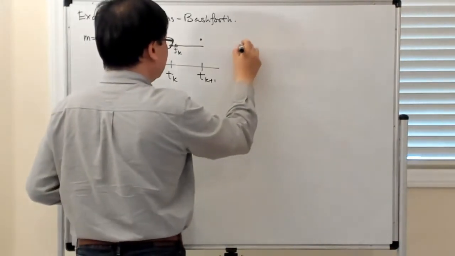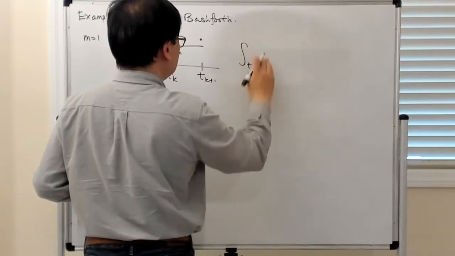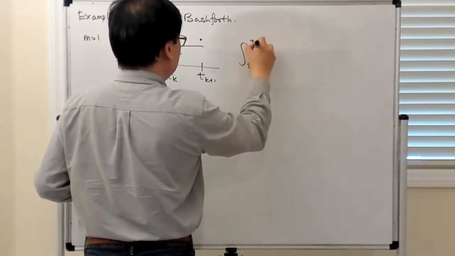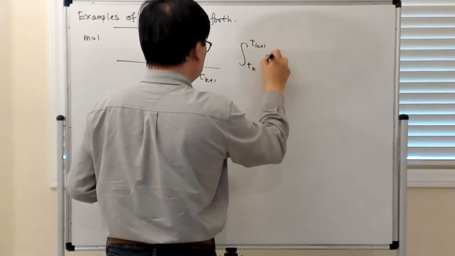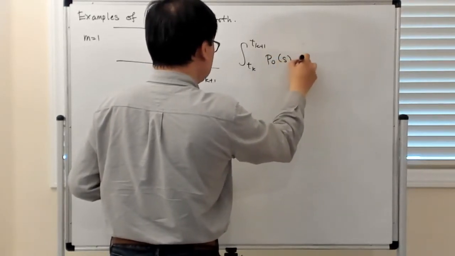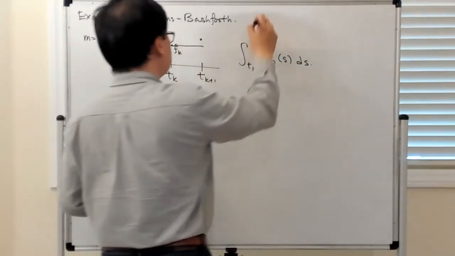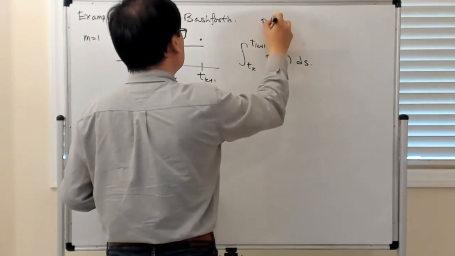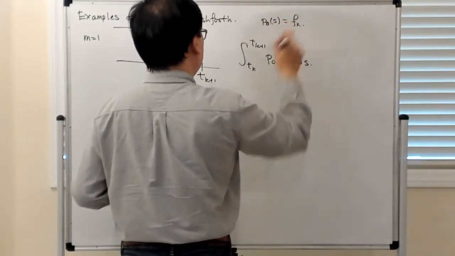So the integral from tk to tk plus 1 of this polynomial of degree 0 in s ds, so this P0 of s is basically just f at k.